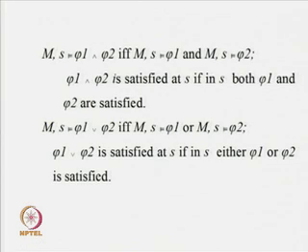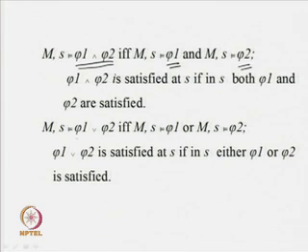Similarly, now we can look for the rule for the conjunction phi 1 and phi 2, whether in a model M, in a particular state S, it models phi 1 and phi 2. It holds provided phi 1 and phi 2 independently hold in that particular state. So, we say that phi 1 and phi 2 is satisfied in this state S provided this state models phi 1 and models phi 2.